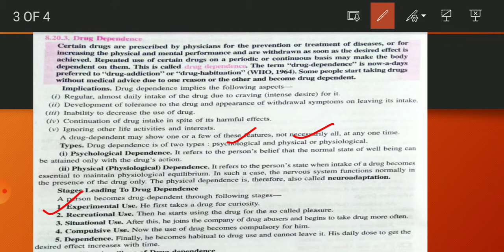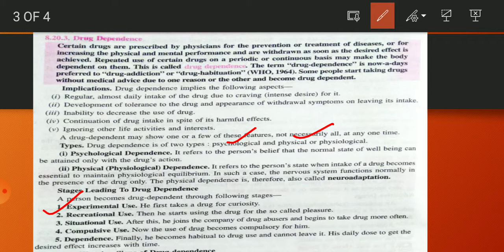It means he first takes a drug out of curiosity, because he doesn't know how it is used, so he experiments with that particular drug. After the intake, he thinks about the result and the side effects of the drug.